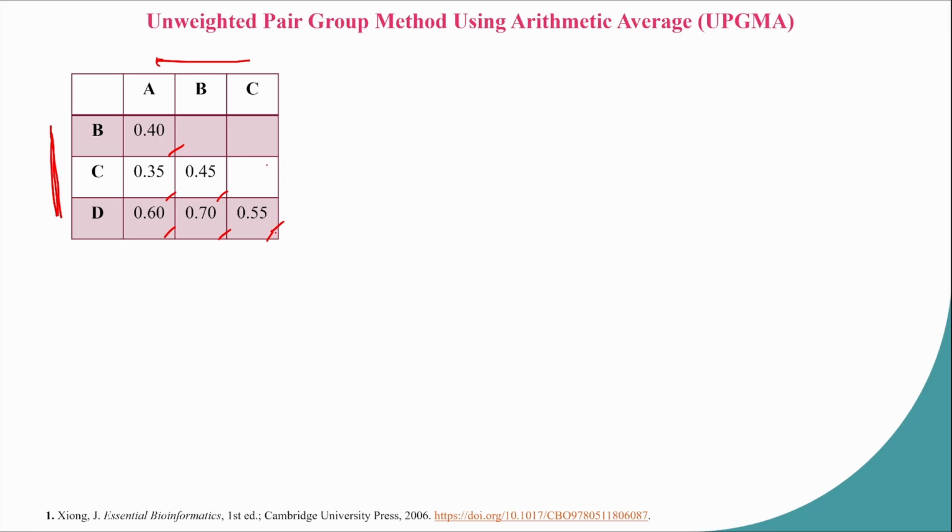Can somebody mention? If you remember, the lowest distance values are the starting points for constructing these trees. Could you answer this in the chat maybe?